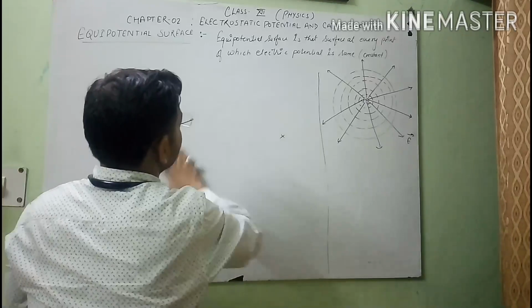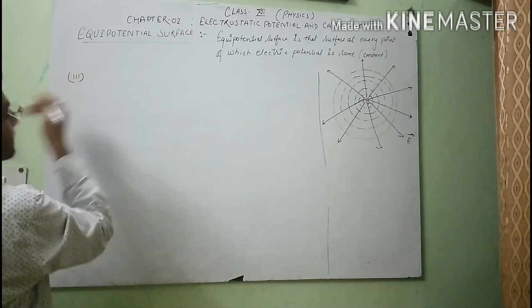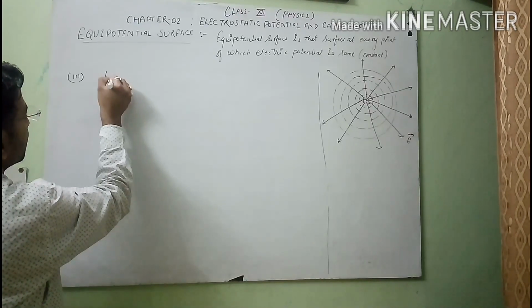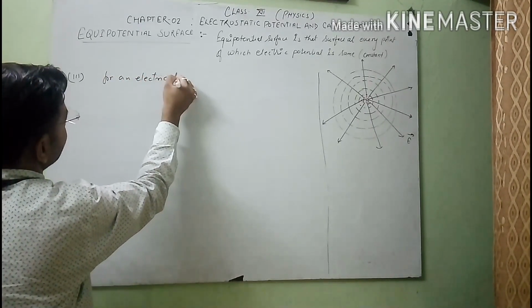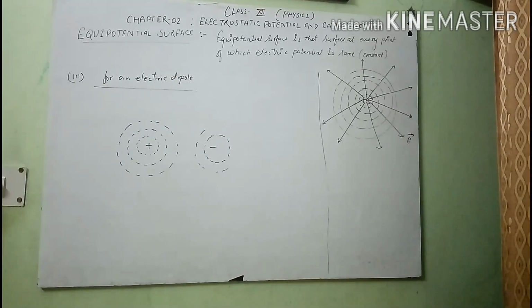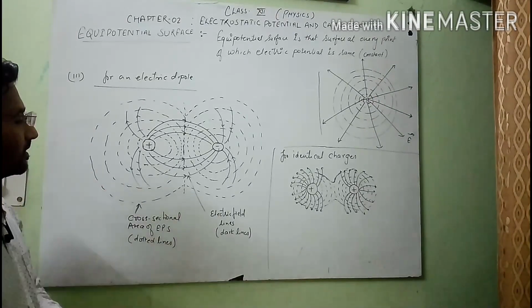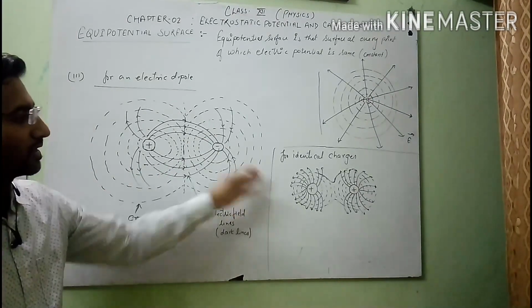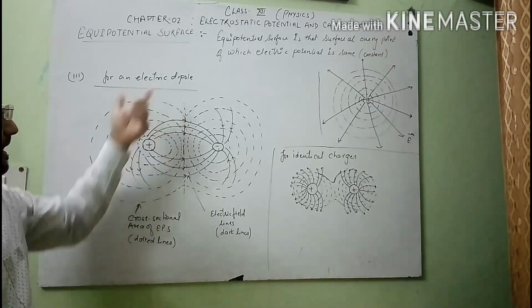Now after that I will draw a diagram for the third case, for an electric dipole. So students, see here, I have drawn these two diagrams, the first diagram for the electric dipole.